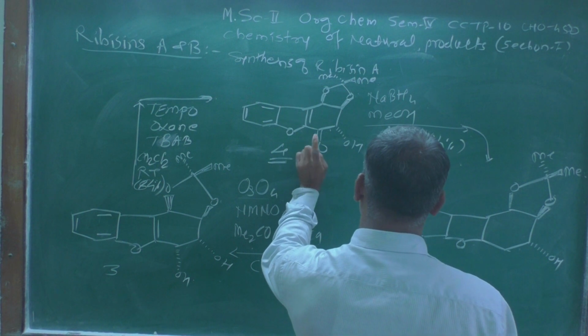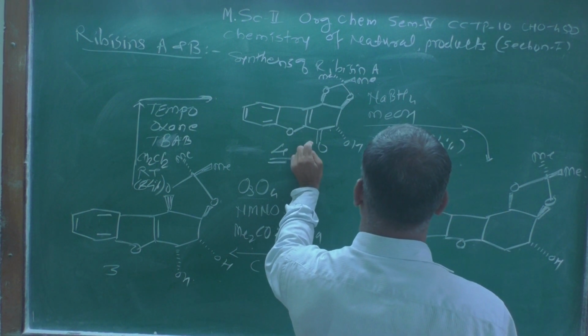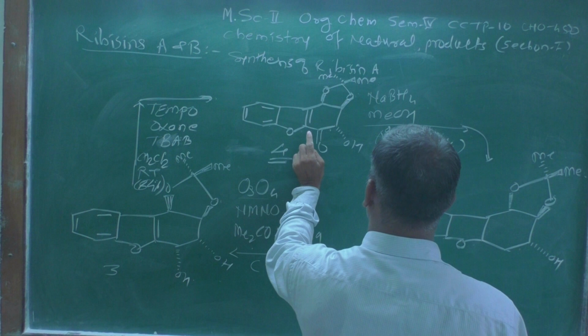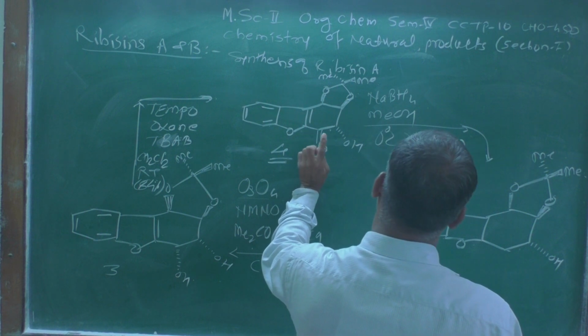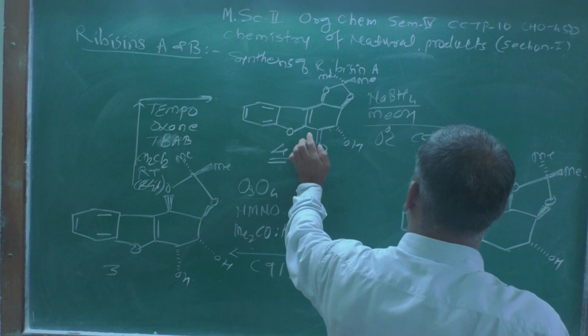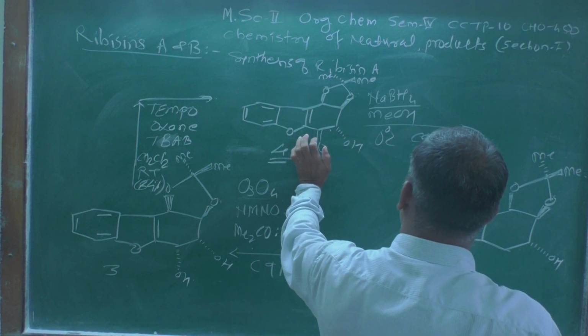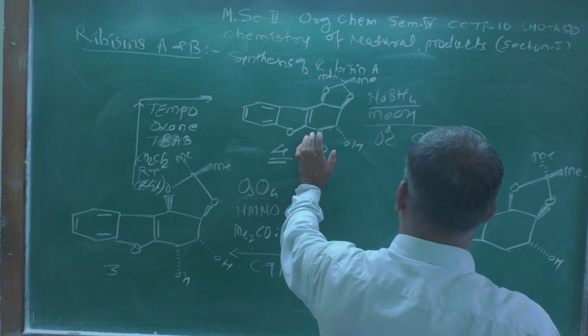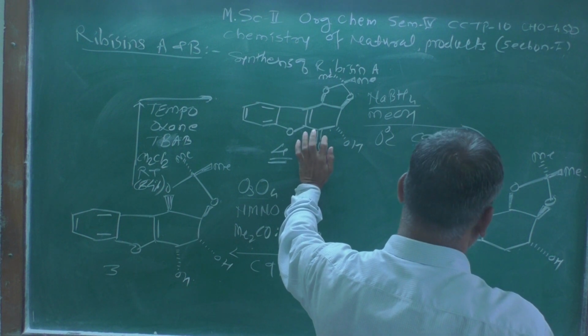Now, this is reduction of the carbonyl group, even though it is an alpha-beta unsaturated compound, only due to the use of sodium borohydride, the hydride is transferred from the lower side.